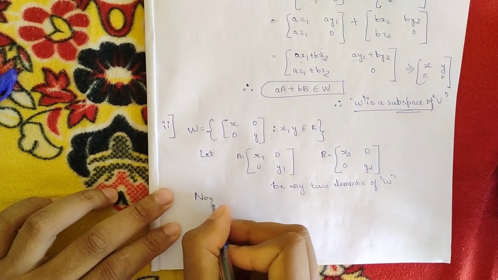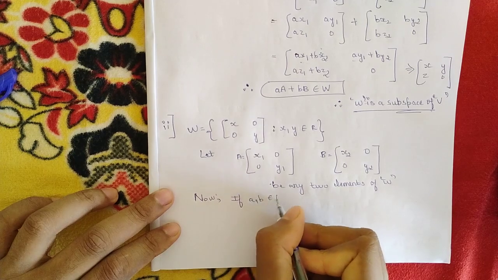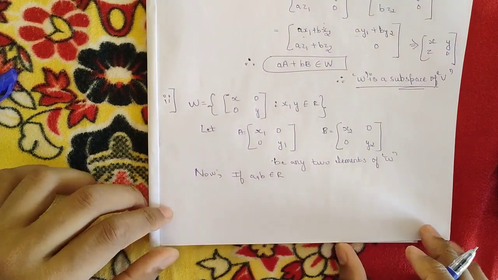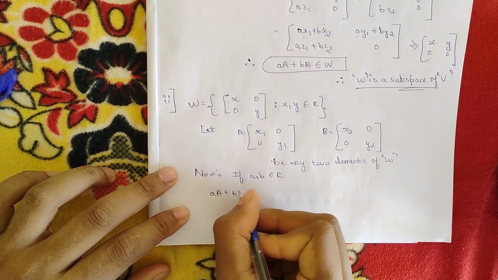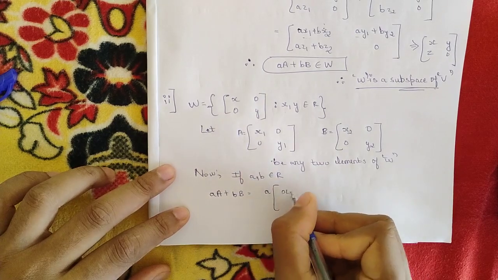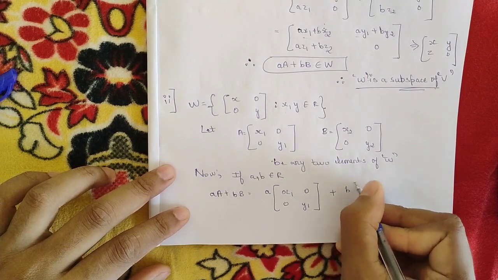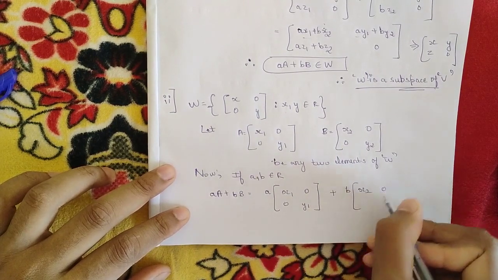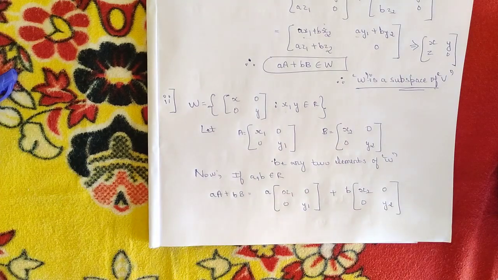Now again take two variables a, b, some constants that belong to the set of real numbers R. So we can say that a times A plus b times B is equal to a into x1 0 0 y1 plus b into x2 0 0 y2.